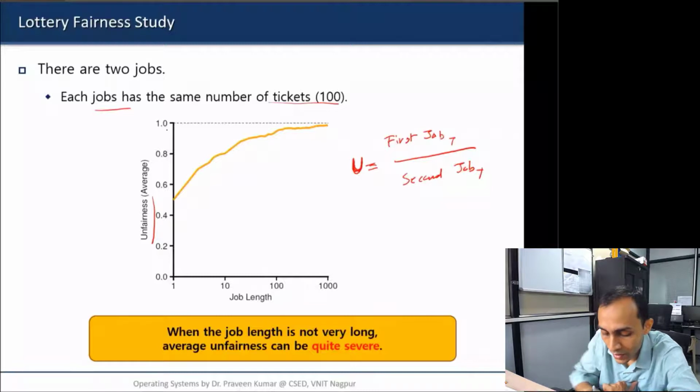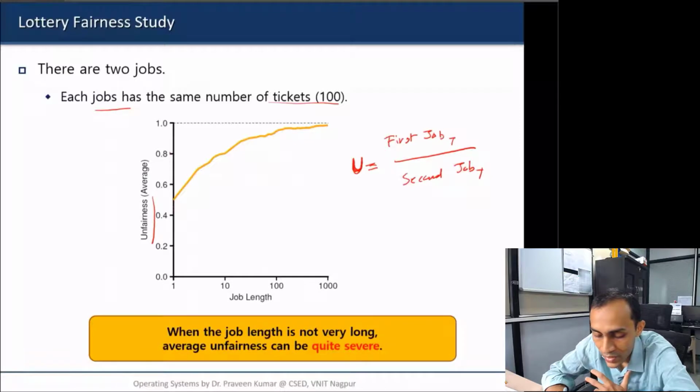But you can see that when the job lengths are small, in shorter time scales, the unfairness can be quite huge. Instead of the value 1, it can be 0.5 and so on. So the first job may finish in almost double the time, or the second job may take almost double the time of the first job. Empirically that is found.